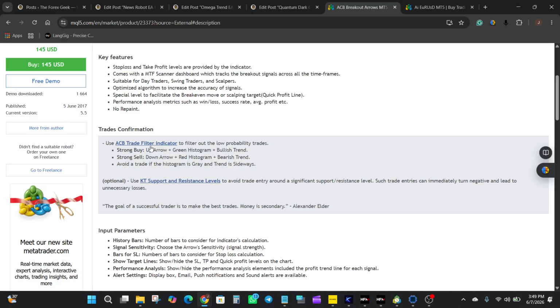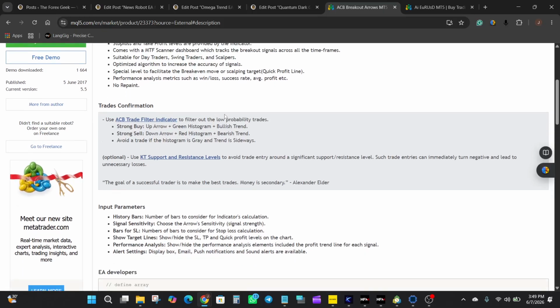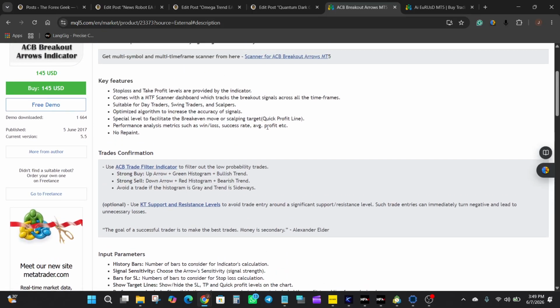Now, the developer also highlights a quick profit line, which acts as an additional target level alongside the standard stop loss and take profit levels. The indicator includes built-in performance analysis metrics as well, allowing users to review statistics such as win-loss data, success rates, and average profit information directly from the tool.